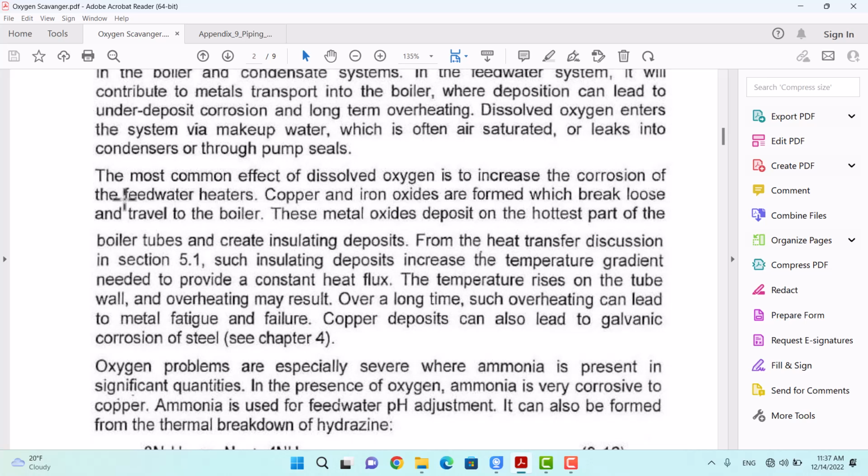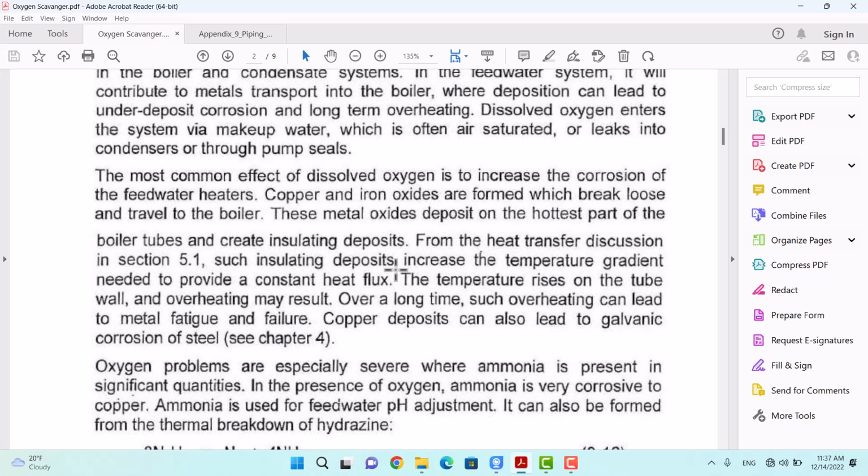The most common effect of dissolved oxygen is to increase the corrosion of feedwater heaters. Copper and iron oxides are formed, which break loose and travel to the boiler. These metal oxides deposit on the hottest part of the boiler tubes and create insulating deposits.